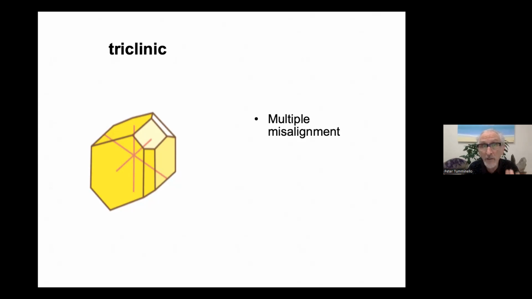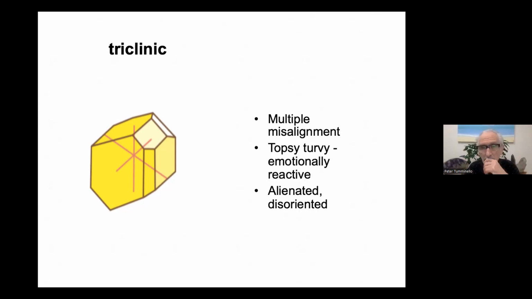It's really hard for them to get what I call the main vectors of life: work, relationships, and sense of self. Really hard for them to get all that together or to hold it together. Often they're in a topsy-turvy state. It's easy for them to become alienated or disoriented, and often they lose trust in life.